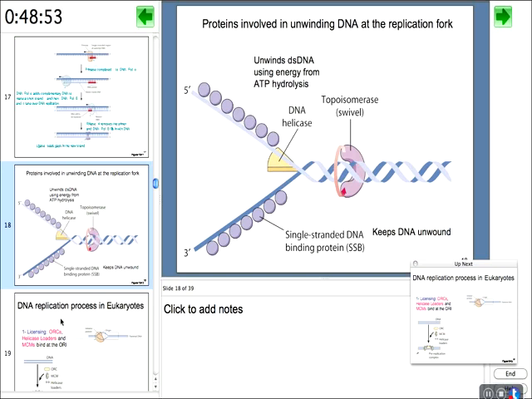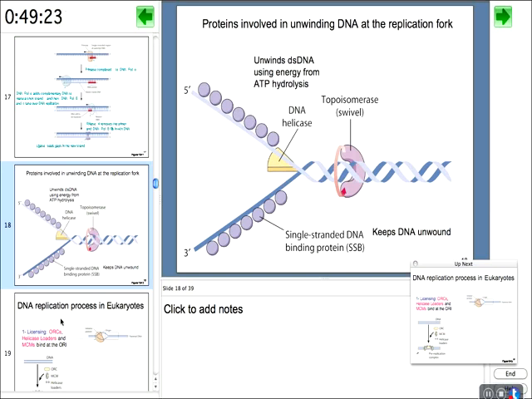Remember, DNA wants to be double-stranded. Those hydrogen bonds will form to keep it together. Helicase is unwinding. The single-stranded binding proteins keep it unwound, so they prevent recoiling of the DNA before replication happens. Single-stranded binding proteins prevent the helix from reforming.